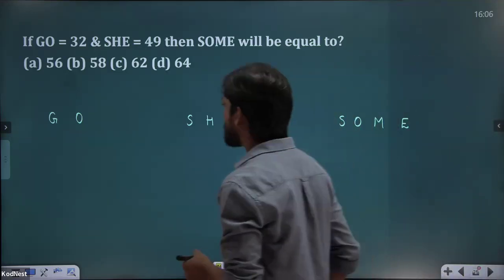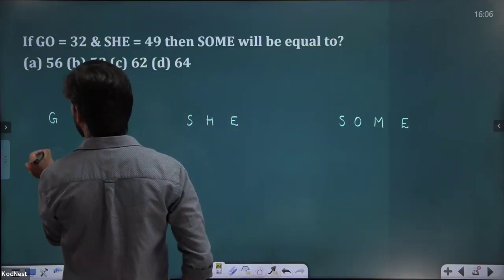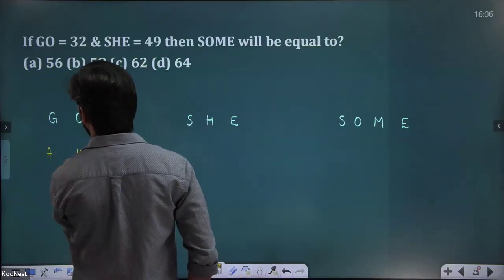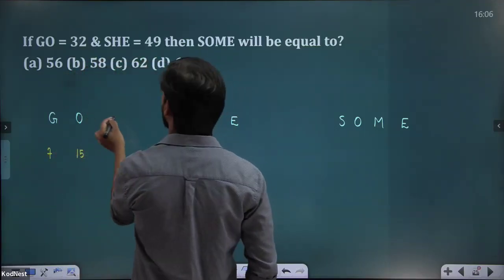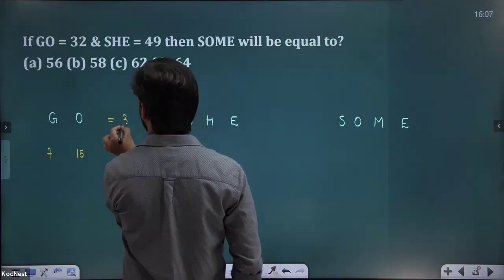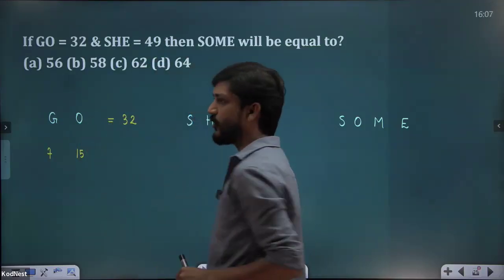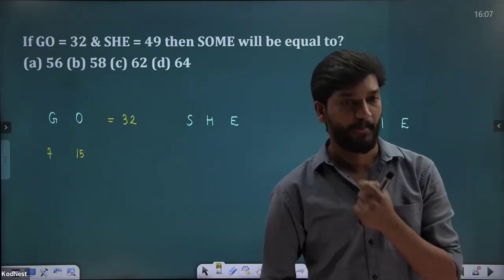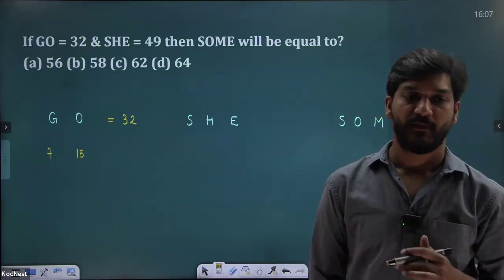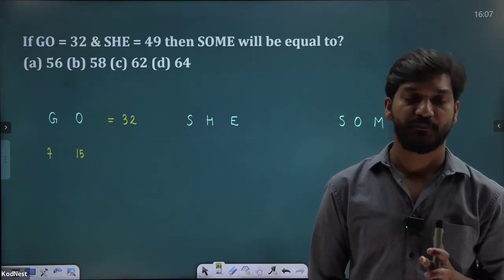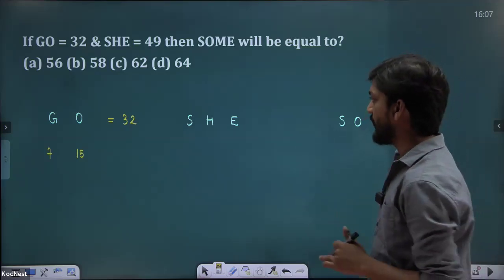If I write the place values like G 7, O 15, anyhow, can I get 32? Is it possible? Do anything which you want. Can I get 32? No. Okay.